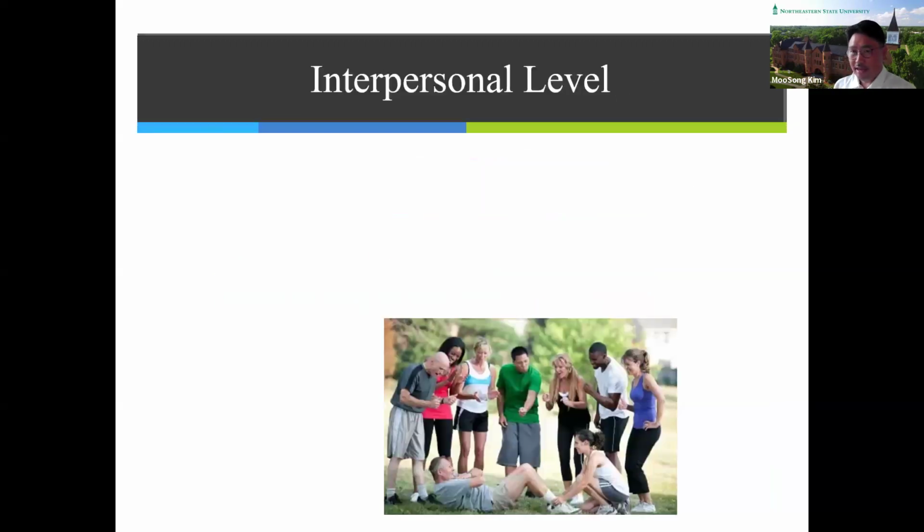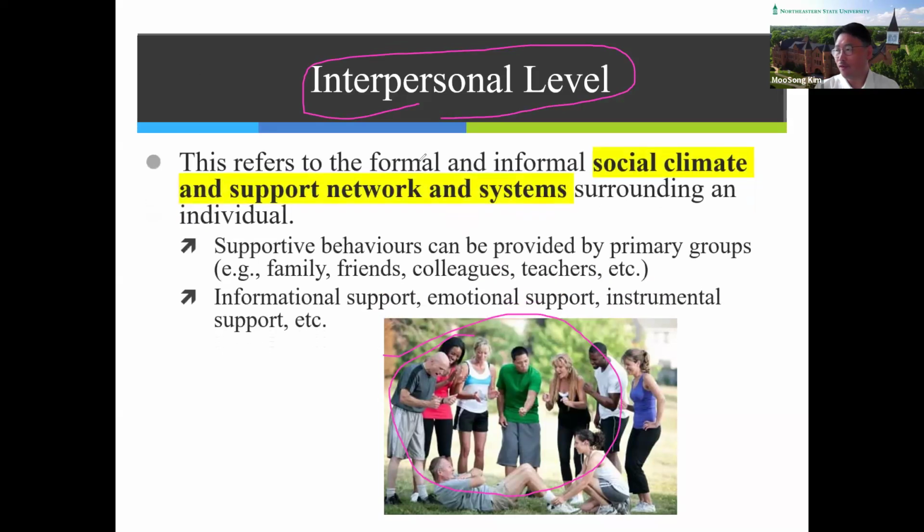And then the next level of factors is the interpersonal level. Interpersonal indicates the formal and informal social climate, social support, network, and system surrounding an individual.